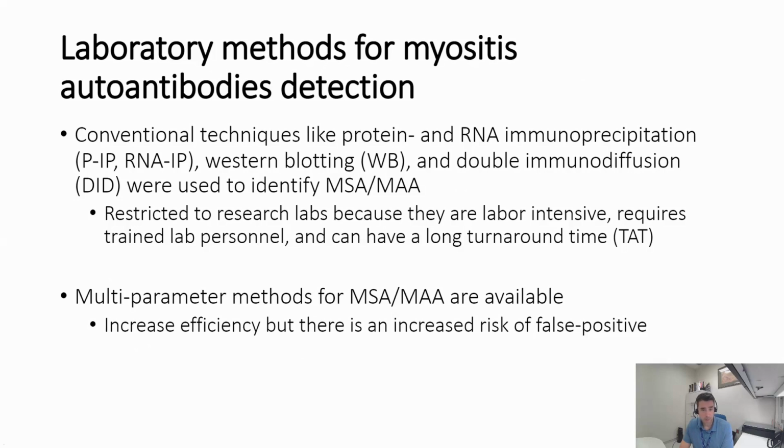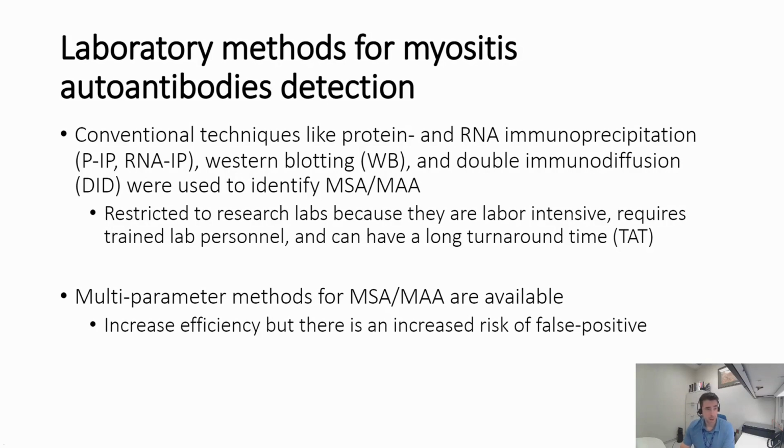Now, there are conventional techniques that I've just highlighted, the main one being protein immunoprecipitation or immunoprecipitation generally. I'll highlight here that conventional methods tend to be restricted to research labs because they are labor intensive. They do require trained personnel. They generally have longer turnaround time.